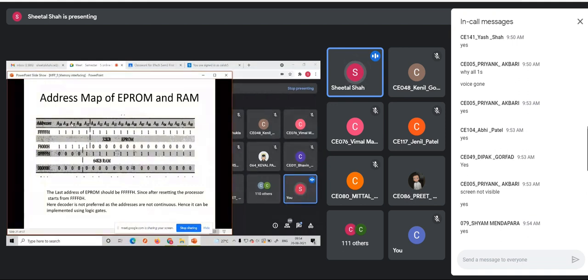So what would be the range of addresses now? All ones are F, F, F, F, F. You can see that these 4 bits, 1, 1, 1, 1, correspond to F. Then 1 0 0 0 is 8, and all these are 0, 0, 0. So this would be the starting address of the EPROM, and this would be my ending address of the EPROM. Is this clear, everyone?